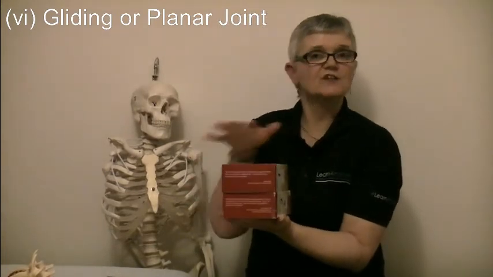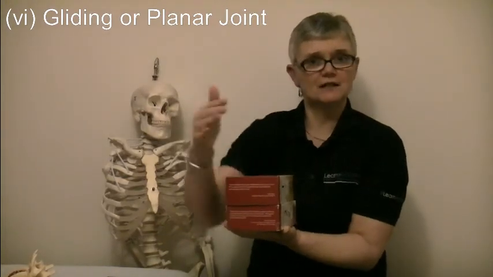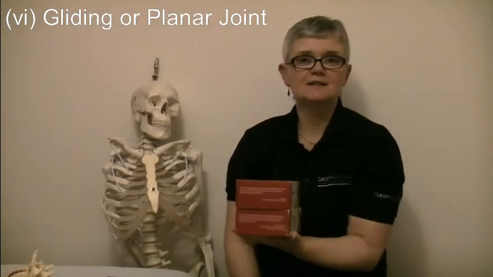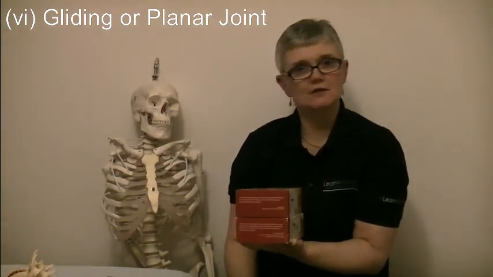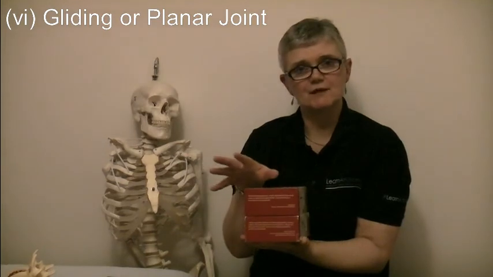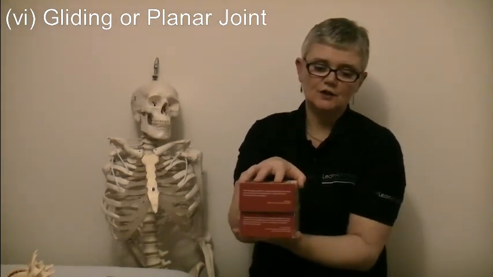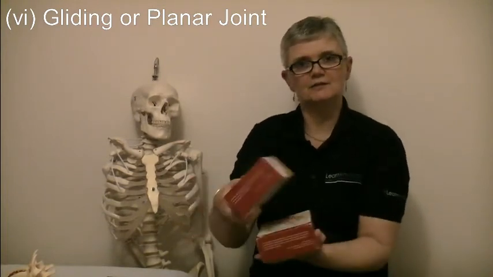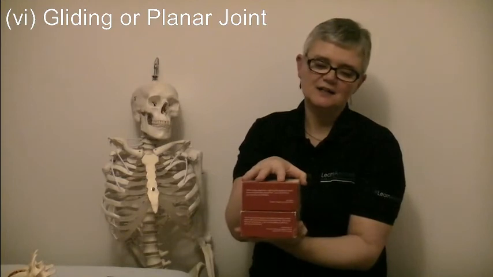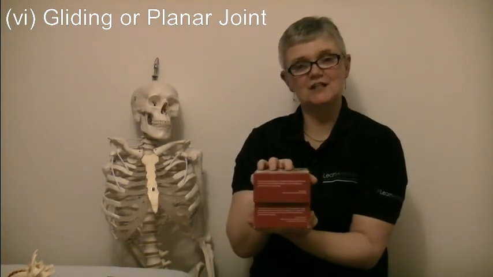The limits to which they glide are dictated by ligaments or by other bones in line, and you'll find these gliding joints in the tarsals of the feet, say the cuboid and the bones around that, the navicular and so on. So bones glide, but they don't open up perhaps like a hinge. They simply glide, held in place by the human duct tape of ligaments, so they don't glide too far.